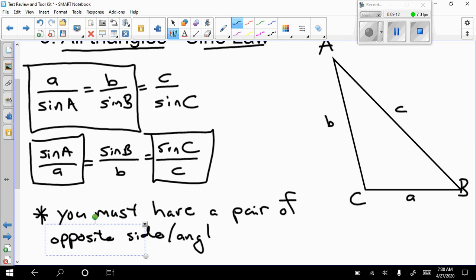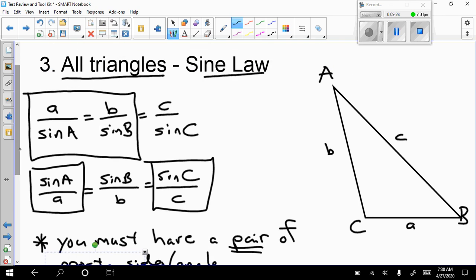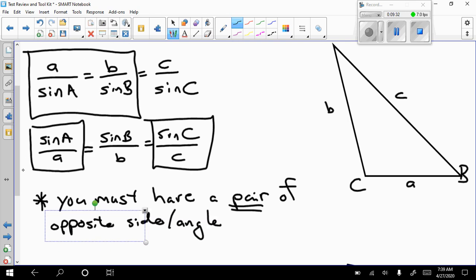So in other words, you must have either the angle A and side a, or the angle C and side c. You need to have a pair, and so that's going to be something that you'll look for, because the sine law is easier to use than the cosine law. So anytime you've got one of these available, choose sine law. If you've got angle C and side c, use sine law.